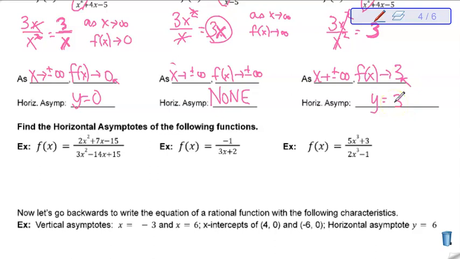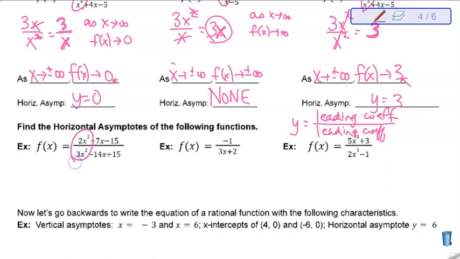Now, in layman's terms, how do we find the horizontal asymptote? You take the leading coefficient and you put it over the leading coefficient of the denominator, as long as those powers are the same. Okay? So when we look at this first one, there's not a lot of work to be done.